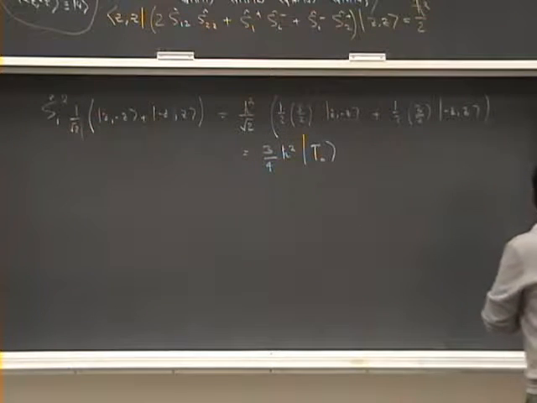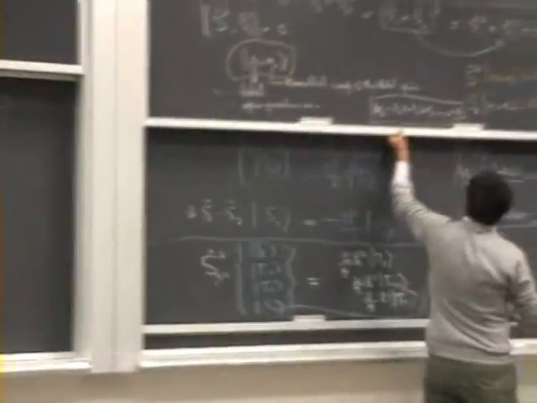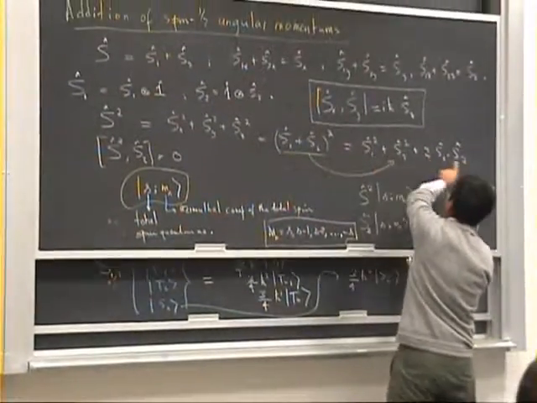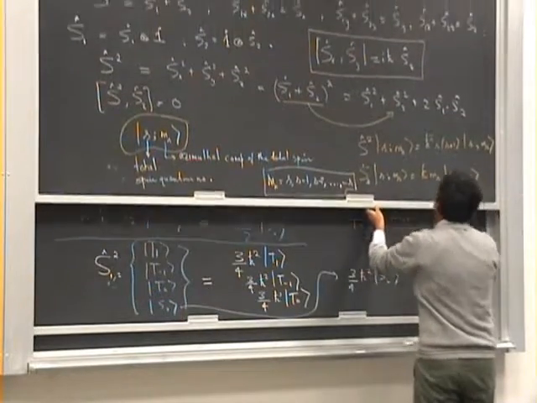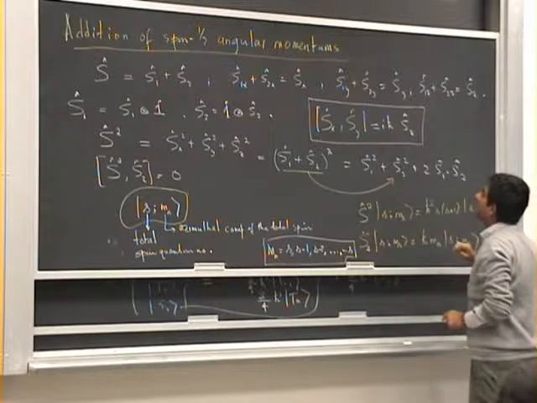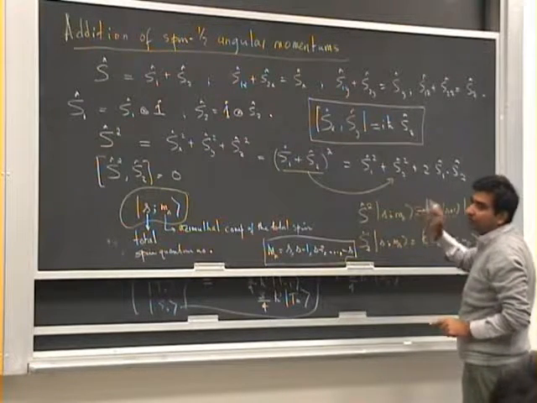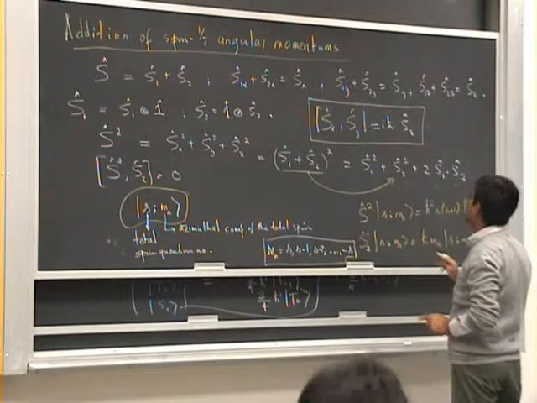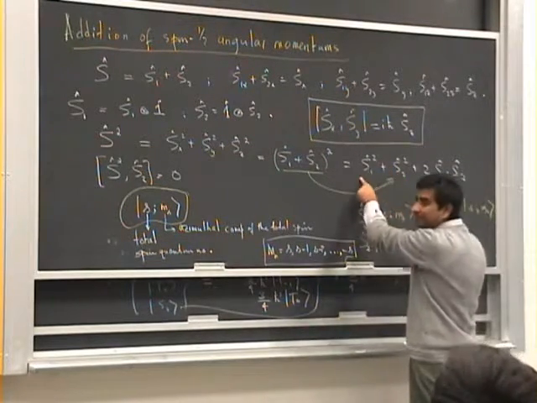Now let's see what we have here. We have this S squared, which is S1 squared plus S2 squared plus 2 S1 dot S2. In other words, we found out that the four states T naught, T1, T minus 1, S naught, which are eigenstates of S1 dot S2, are also eigenstates of S1 squared.